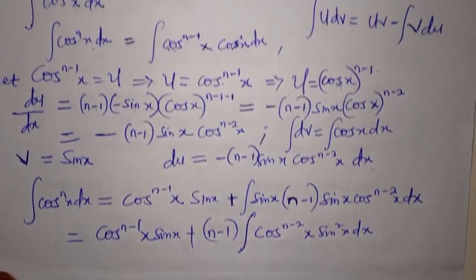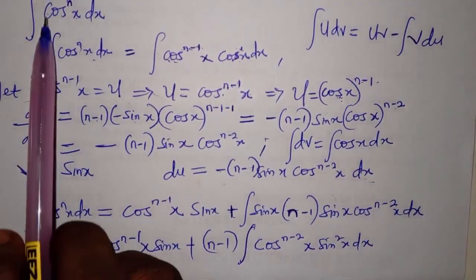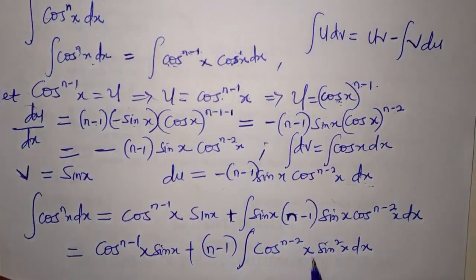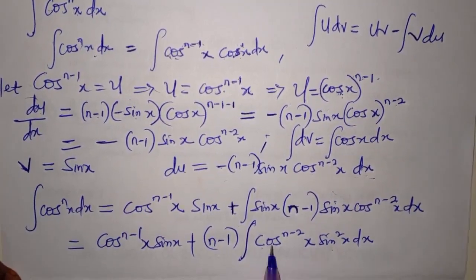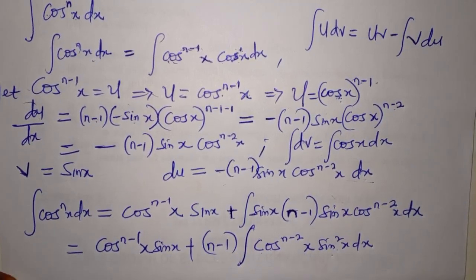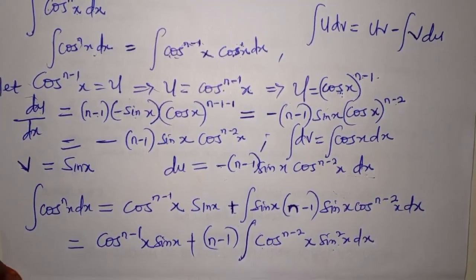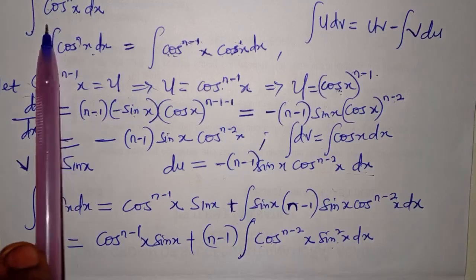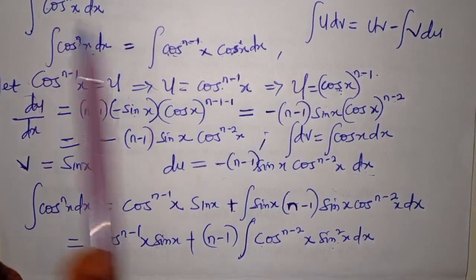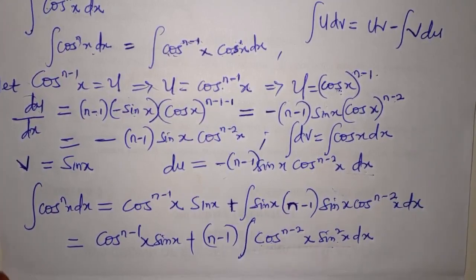Now look at the original integrand, cos^n x. What we have here is in terms of cosine and sine. So we want to reduce that integrand to contain only cosine, because what we have at the beginning is only in terms of cosine. So let's look for a way to reduce this integral to contain cosine terms only.